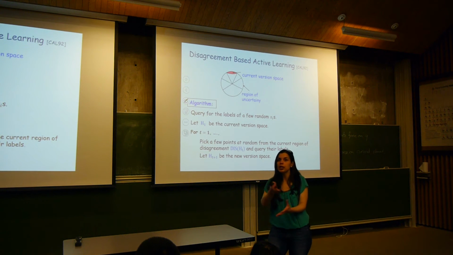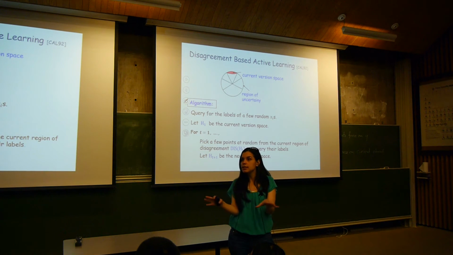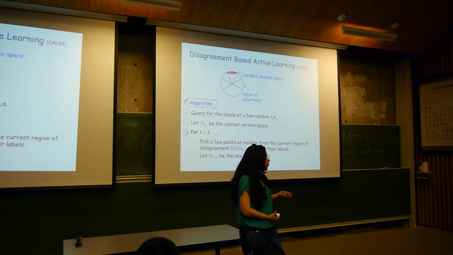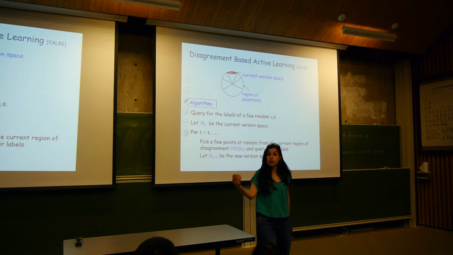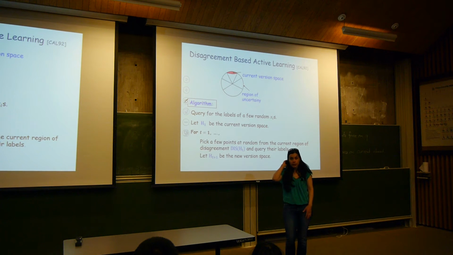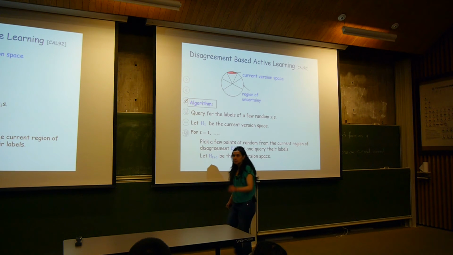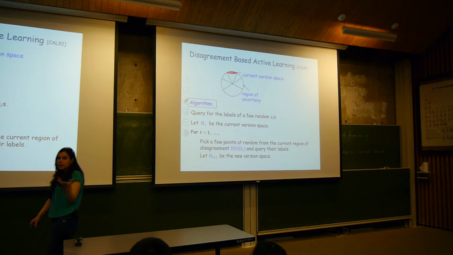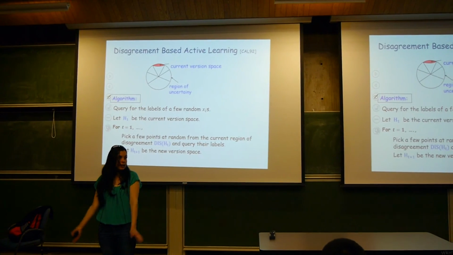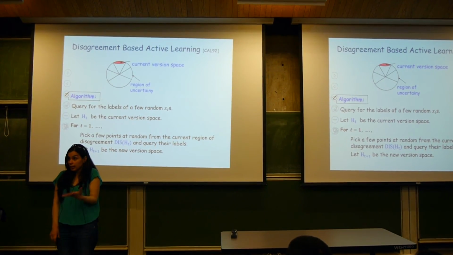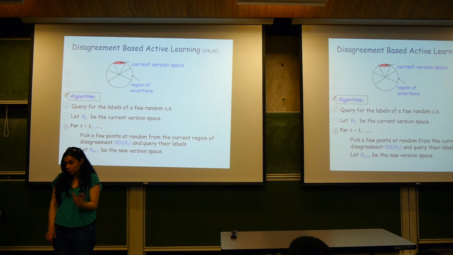We query for the labels of those points, use those labels to update our version space, and then everything repeats. So that's natural; it's an active learning algorithm. In the case where the target function truly belongs to my concept space, it is a safe active learning algorithm, and you can show that sometimes it does well. You can get exponential improvement in sample complexity. I'm going to come back to this.